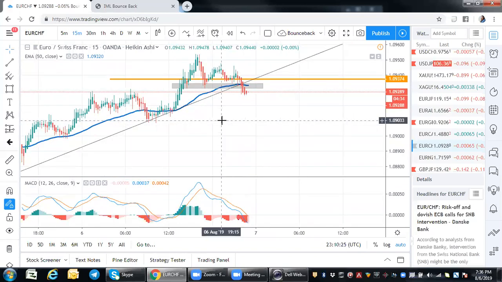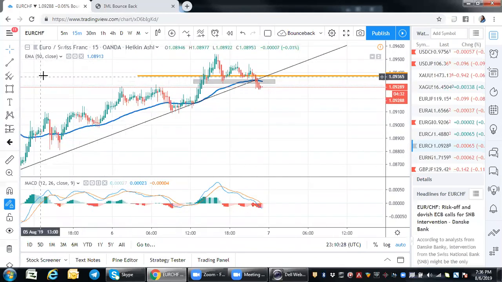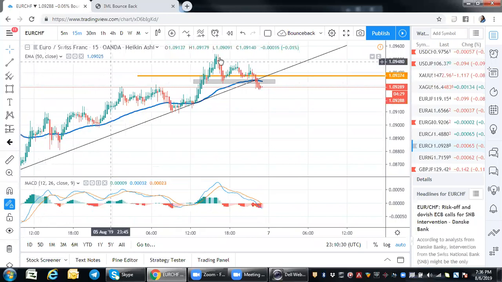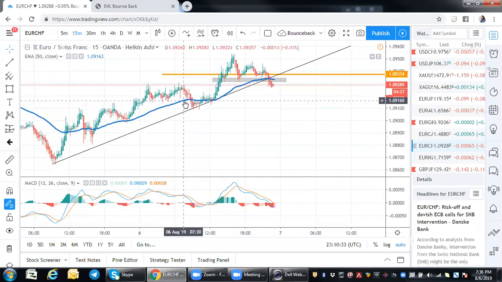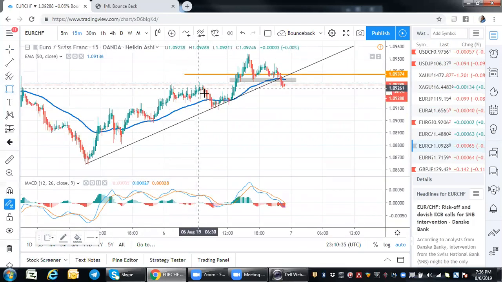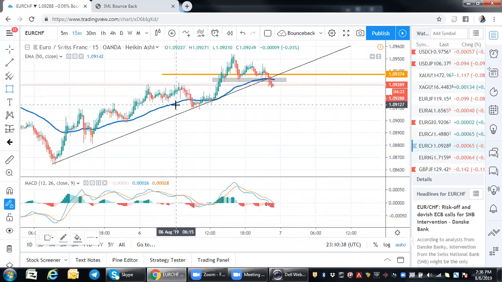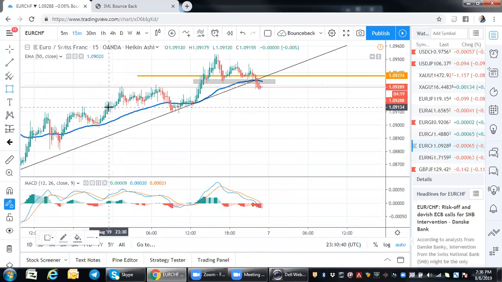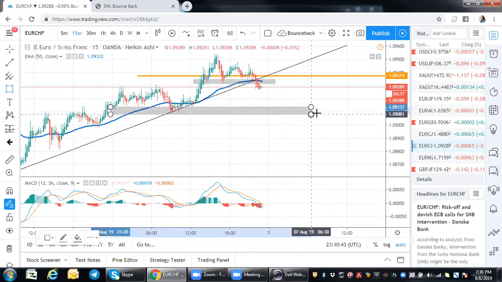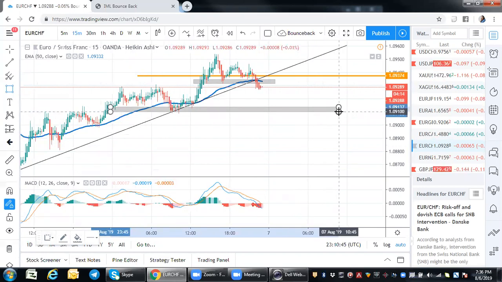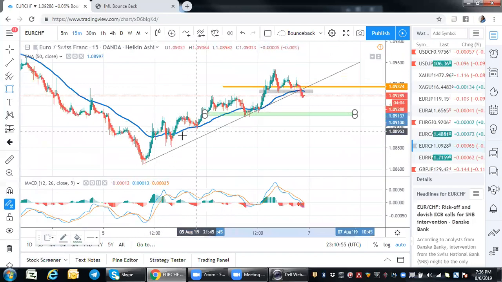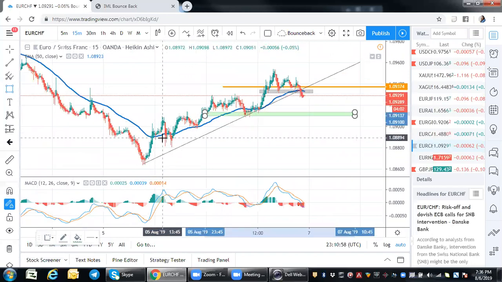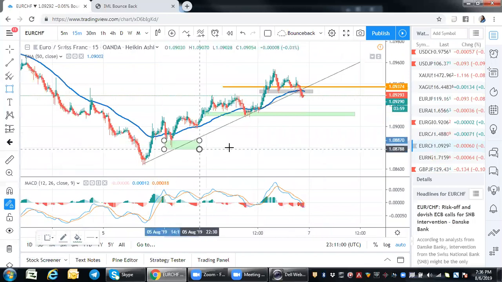Now, with regards to take profit zones, it's still good to understand structure, not only for entry, but also for take profit zones. So what am I looking at? I have this area here as my take profit. So this is TP1, right? That's TP1 there. And then TP2 for me would be around here.